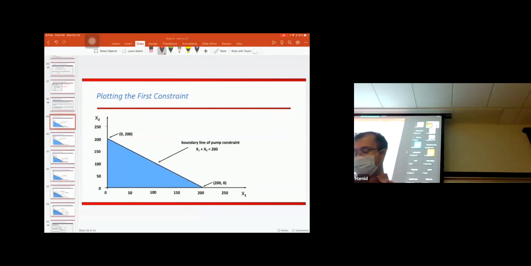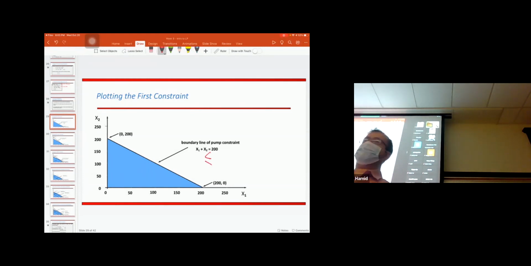Okay, the first one is the pump constraint. With x1 plus x2 equal to 200, if you make x1 zero, you can find where it intersects x2, and if you make x2 zero, you can find where it intersects x1. So you can make that line. Then you should decide, since this is a pump, your cap is 200, so the associated region is less than or equal to 200.